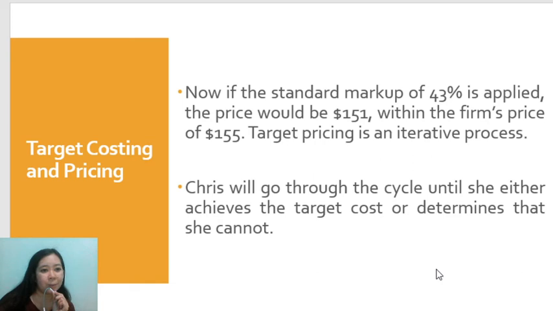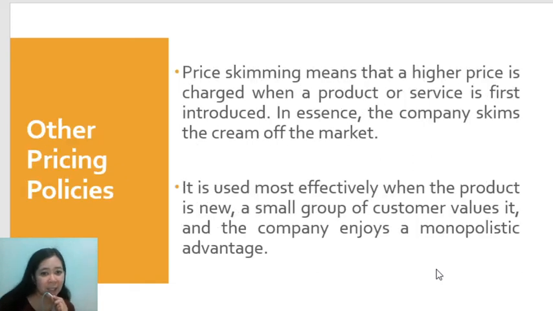So the next is other pricing policies. Here we have price skimming. When we see price skimming, that means a higher price is charged when a product or service is first introduced. In essence, the company skims the cream of the market.